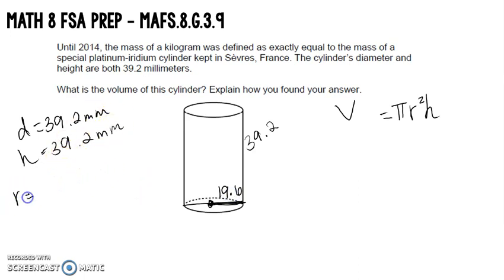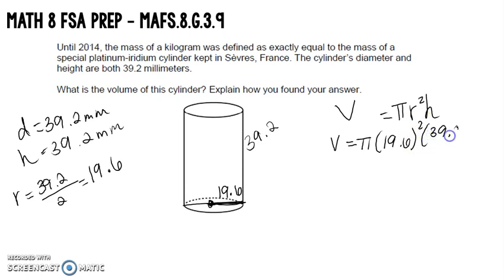So to get to my radius, I'm going to take that 39.2 and divide it by 2, which is 19.6. So what I want you to do is pause this video, go ahead and plug in your radius and your height, and see what you get for your answer.